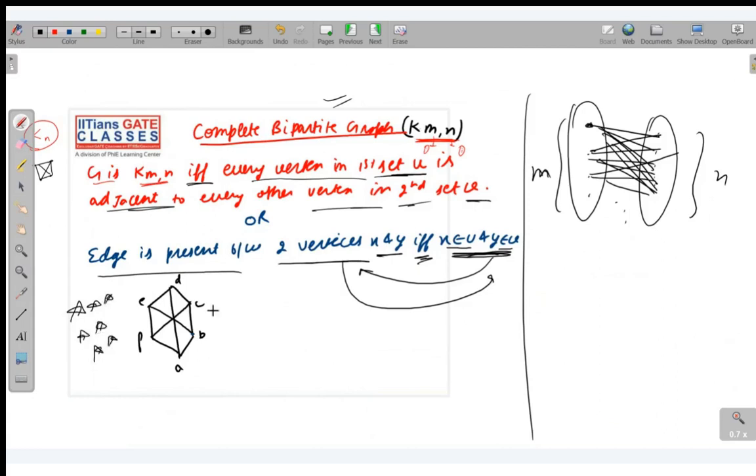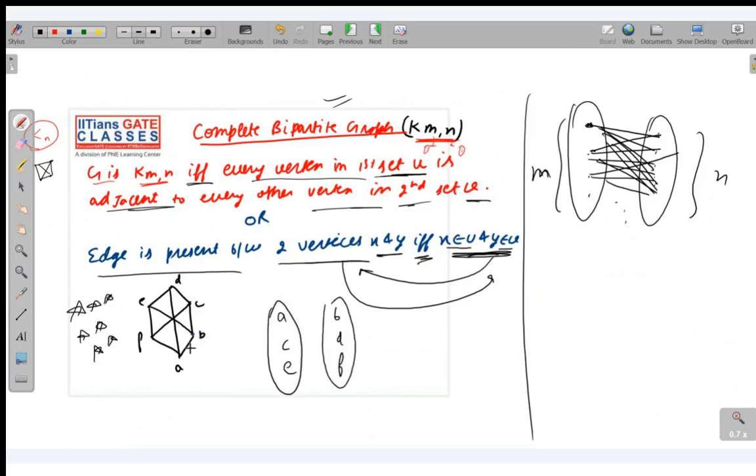So what about this graph? How can you link this graph? Let me say U is A, C, and E. A, C, and E form an independent set because A, C, and E are not connected. B, D, F is also independent.